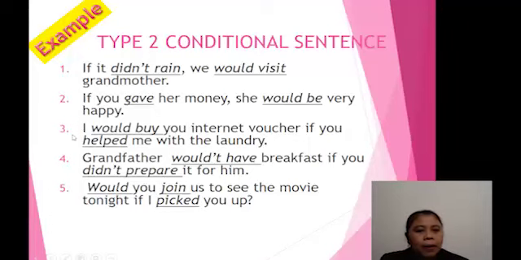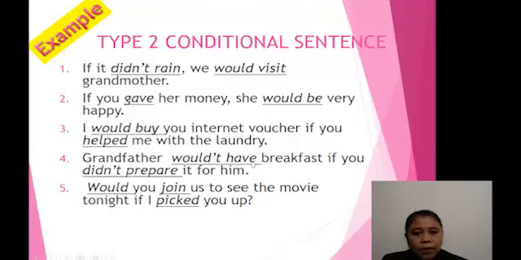The third example, I would buy you internet voucher if you helped me with the laundry. Would buy and helped. The fourth example, grandfather wouldn't have breakfast if you didn't prepare it for him.